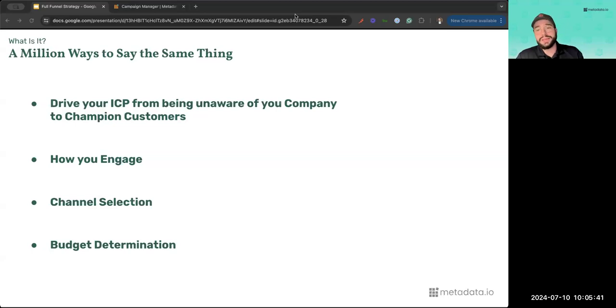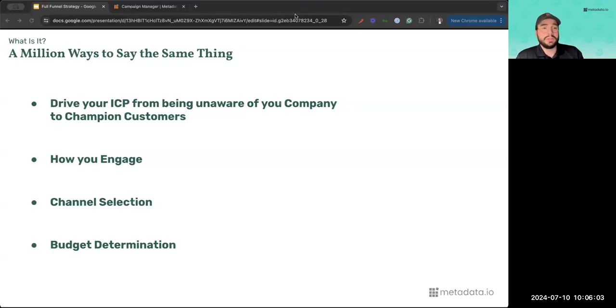For example, let's say you sell cybersecurity, you might engage them on different channels with a different voice and a different tone than if you were selling a completely different product in a completely different industry. We can take marketing as an example.